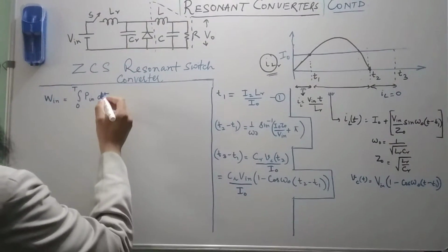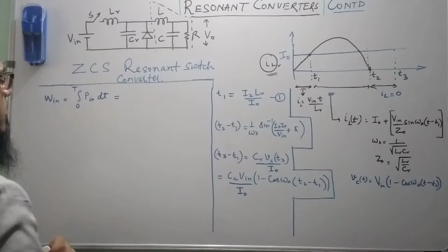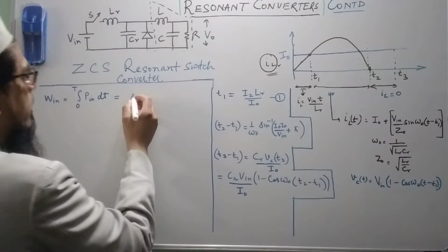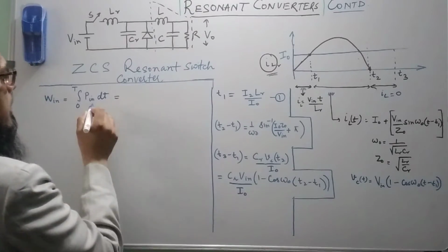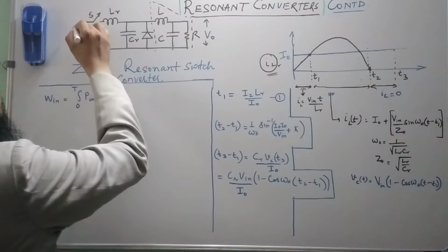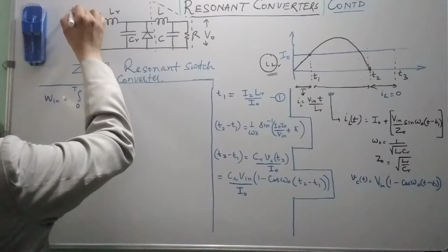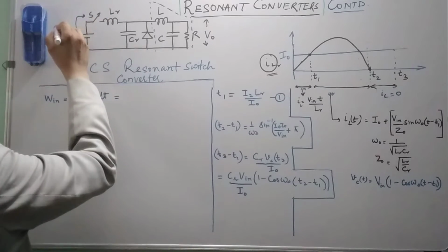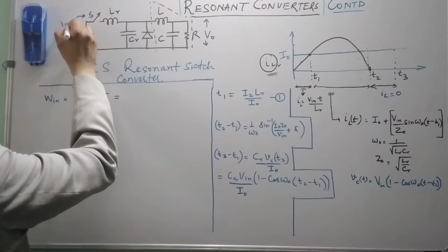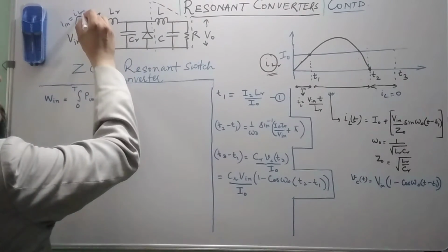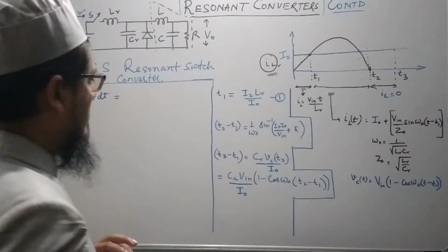Okay, and in this case we can see that the input voltage is constant. So, since Pin is basically Vin times the current that is flowing at the input, I can call it In, but this In is also equal to ILR, as you could see from here in the circuit.